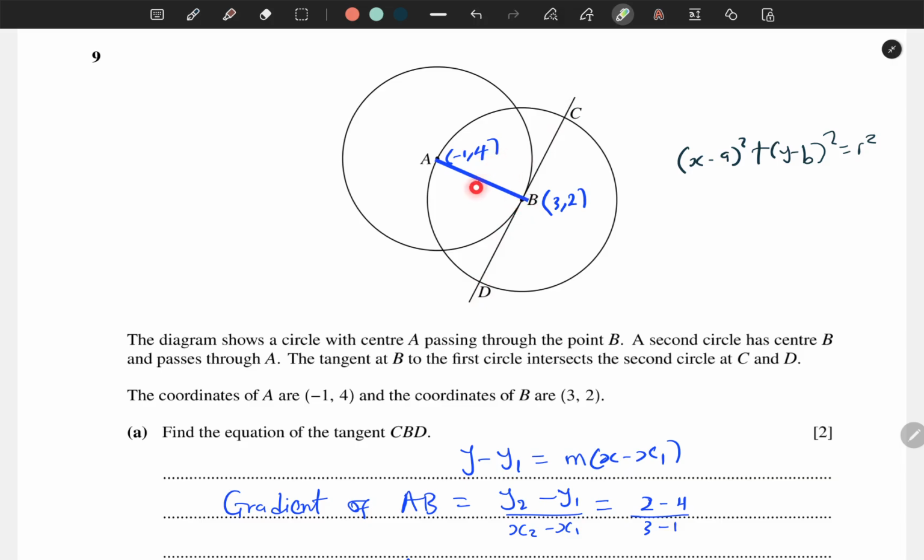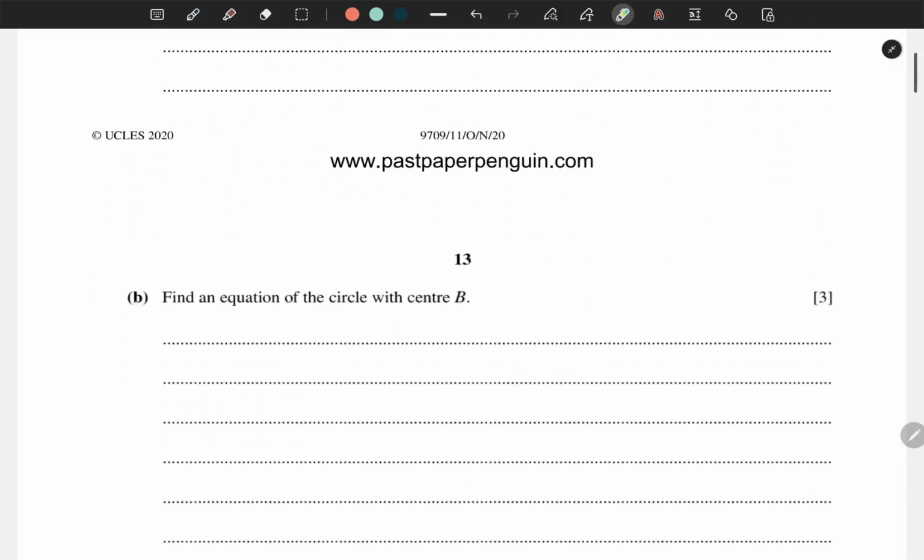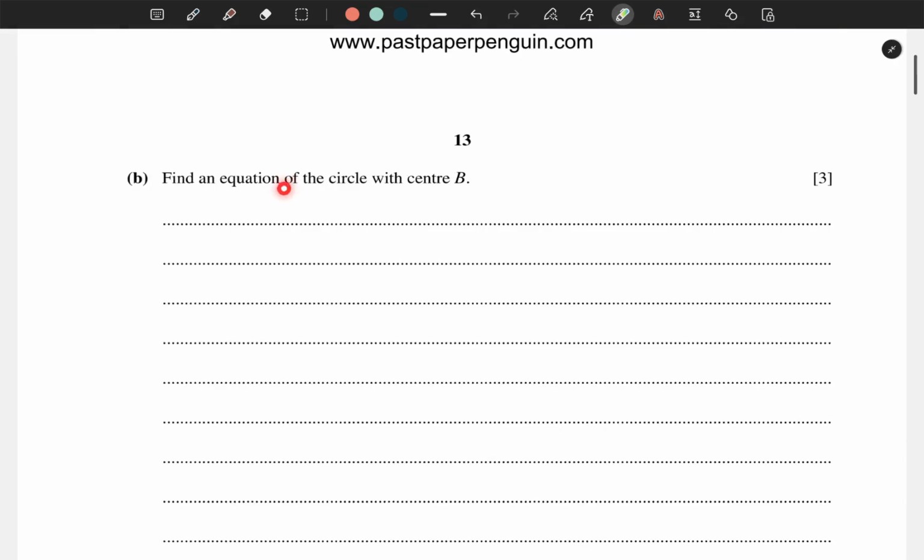But we can still get the radius. The radius is also from these points A and B, so the distance between the points A and B will give us the radius. So let's start from there. Recall that the equation of a circle is (x minus a) squared plus (y minus b) squared, where the center B is given to be (3, 2).